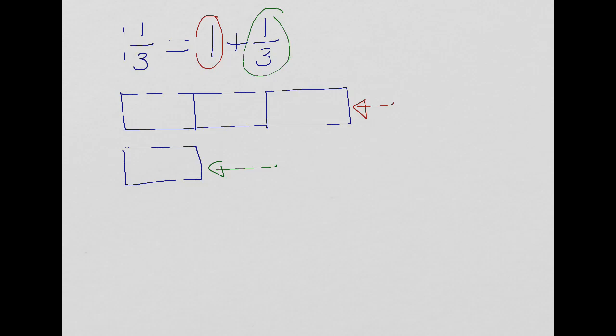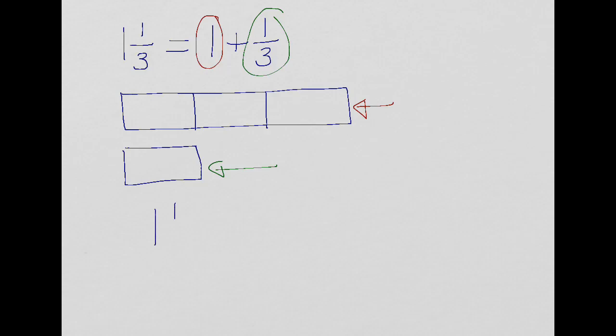So in total, how many thirds have I got? Well, I have 3 parts to my bar here, so that's 3 thirds, and then I have another one, so in total I have 4 thirds.